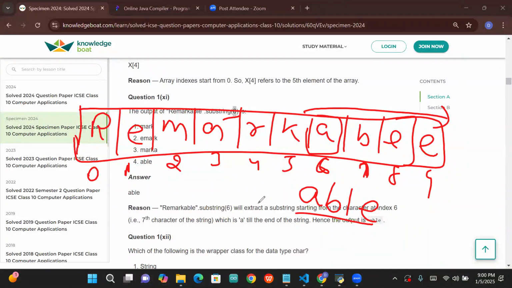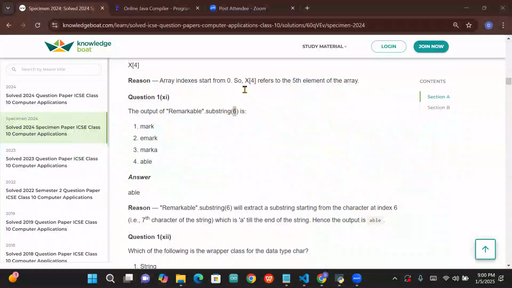So you want to start with 6, meaning from this A till the end will be your output. You will get "able" as the output.